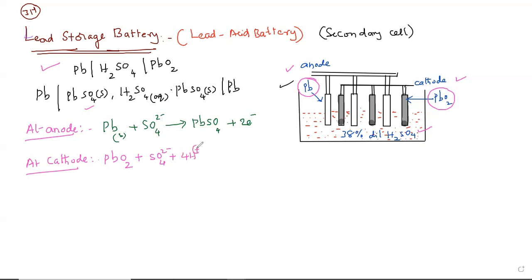These ions take the electrons released by the anode and form PbSO4 in the discharging process. So PbSO4 plus some water is also formed in this reaction. So that is the cathode reaction, and that is the anode reaction. At the cathode we have observed the formation of PbSO4.